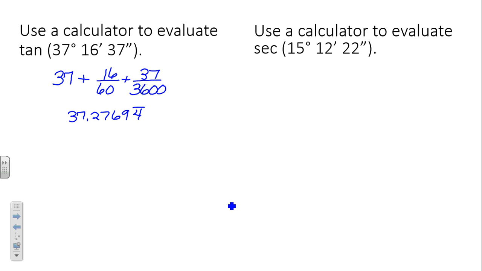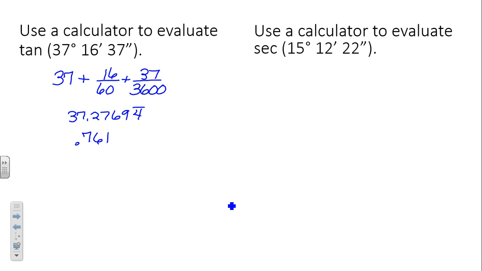Now we want to take the tangent of that. We're in degrees, we keep it in degree mode, right? We don't need to switch to radians. So we take the tangent of our answer, and try it on your calculator to make sure you get the same thing I do. 0.761. That makes sense?